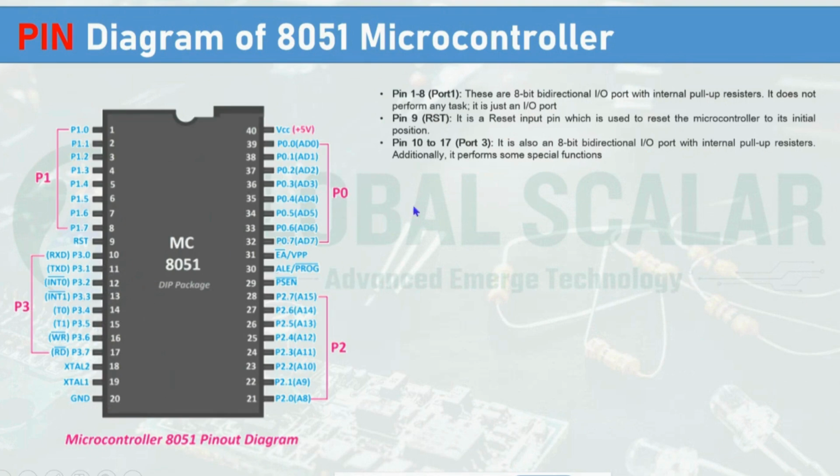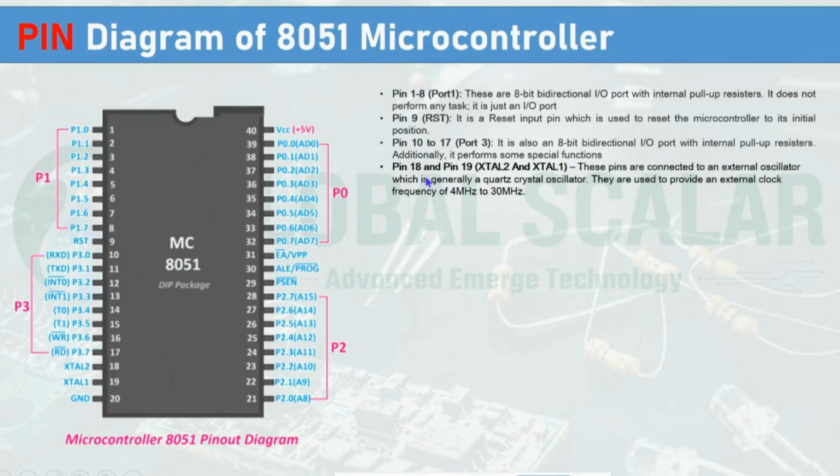With the help of these we are able to do serial communication. Then we have pins 18 and 19, which are the clock pins. With their help we are able to operate and change the clock, from 4 megahertz to 30 megahertz. The processor speed depends mostly on this oscillator. And pin 20 is the ground.